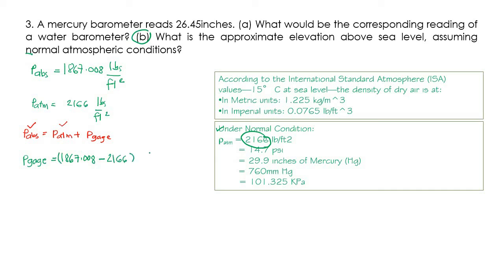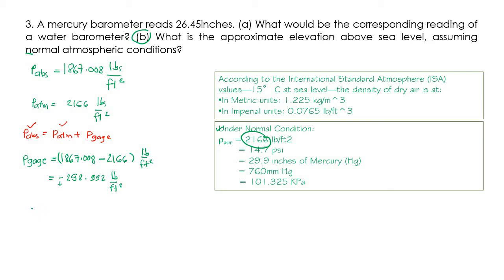Both are in pounds per feet square. So this is negative 298.992. The negative is an indication that this is below the atmospheric pressure, or this is your vacuum pressure.